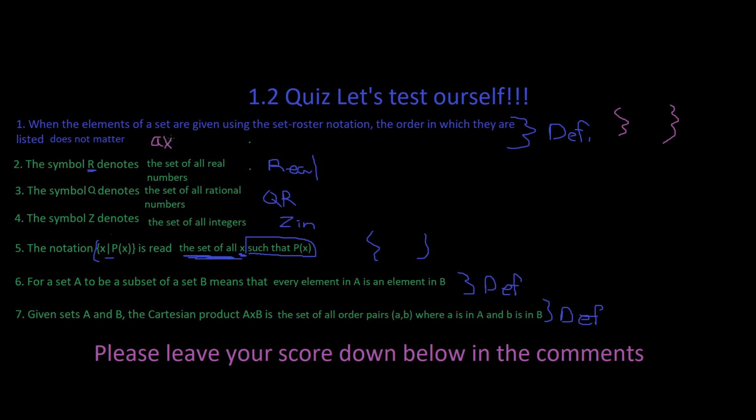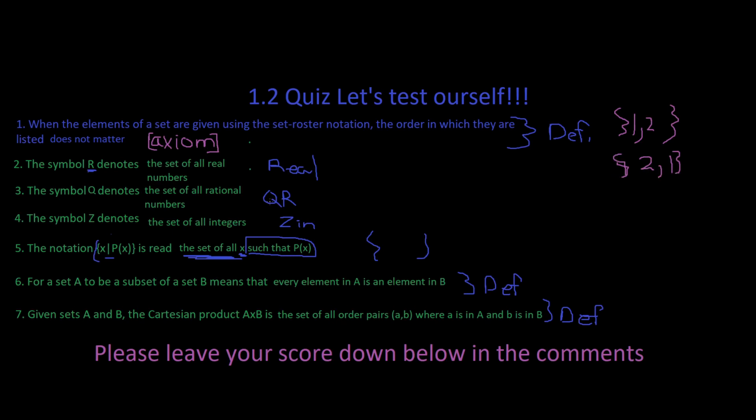Axioms are like definitions, except they're the basis of a definition, because they're the root of everything. So if you remember our axiom, it does not matter how we list our numbers. We could have our numbers 1, 2, or we could list the same numbers in a set 2, 1, and it would mean the same thing.